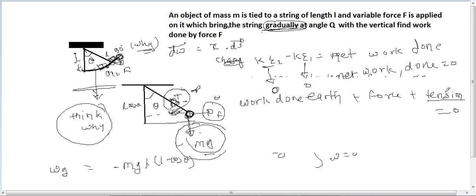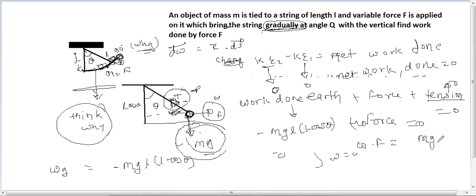Work done by tension is 0, and work done by earth is minus mg L (1 minus cos theta), plus the work done by force should be equal to 0. So what is the work done by force? Work done by force should be equal to mgL (1 minus cos theta).